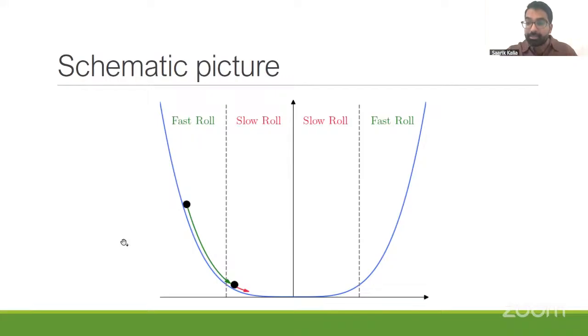Then again, as the name suggests, from then on, I will proceed very slowly. What all of this means is that for most of inflation, I really spend most of inflation near this boundary regime. In other words, that means for most of inflation, the slow roll condition is marginally satisfied. That's kind of the key point that we're going to tap into.